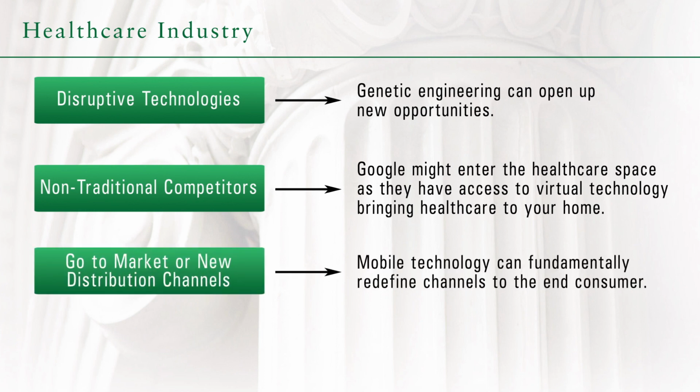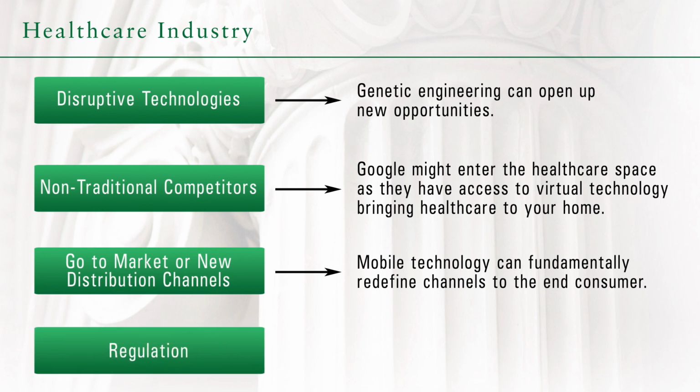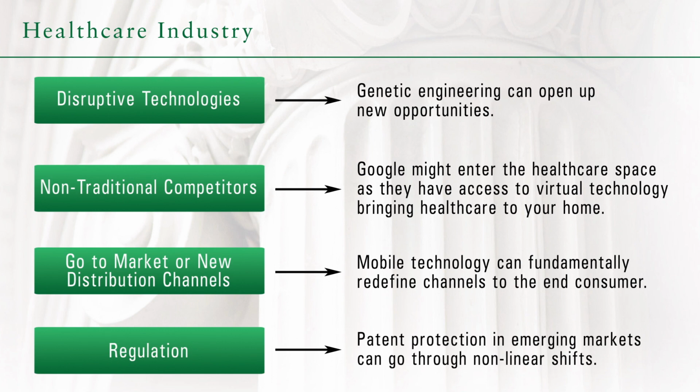Mobile technologies could fundamentally redefine channels to the end consumer. Regulation. Certainly, there are plenty of regulatory changes that could happen all over the world. Take, for instance, intellectual property protection, the patent protection in emerging markets. This is an area where perhaps there could be non-linear shifts. So if you're in the healthcare industry, these are the kinds of examples of non-linear changes you could visualize.